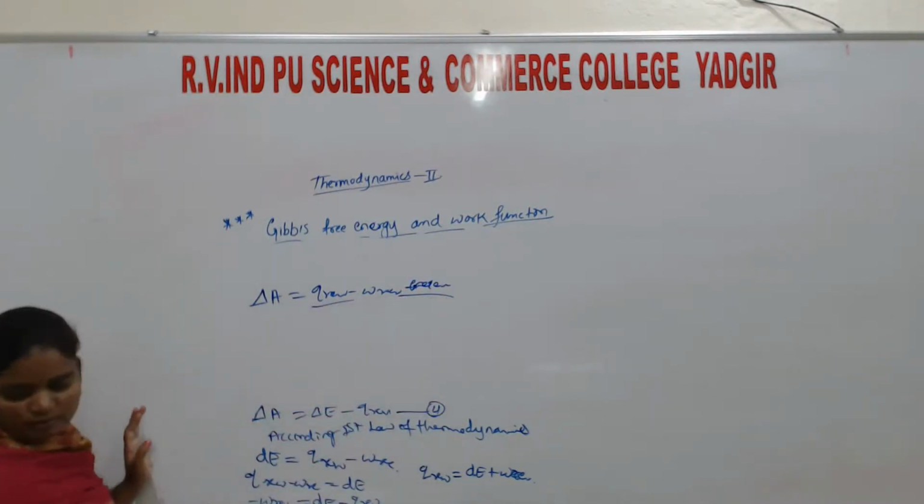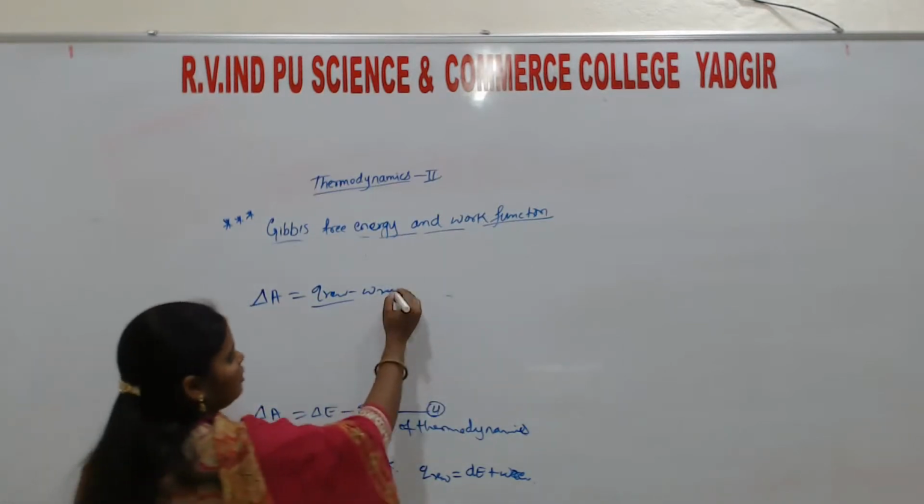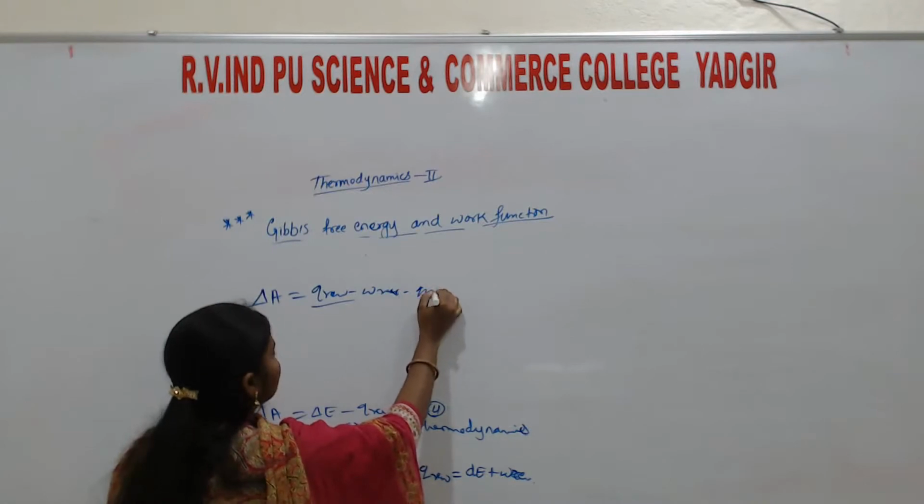Finally you get W reversible minus Q reversible.